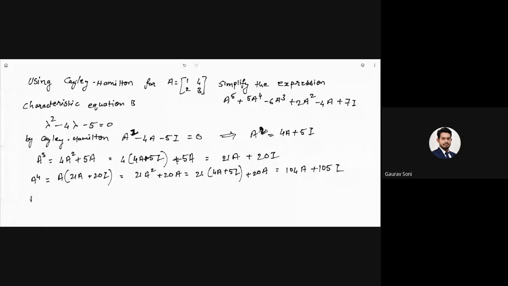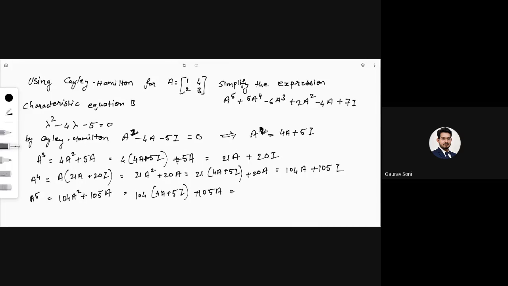Then a raised to 5 will actually be equal to a times 104a plus 105i, which is 104 a square plus 105a. Once again put the value of a square. So a square is simply 4a plus 5i, plus 105a.